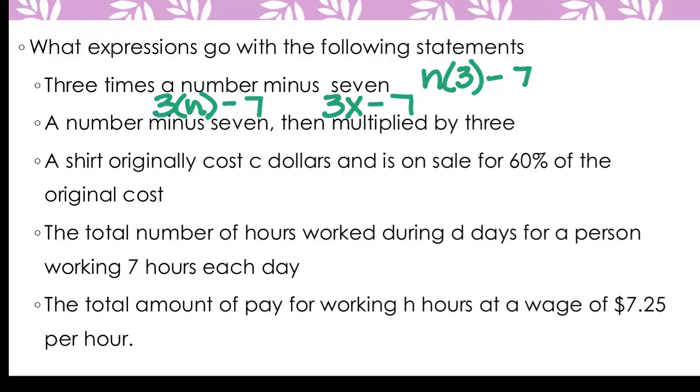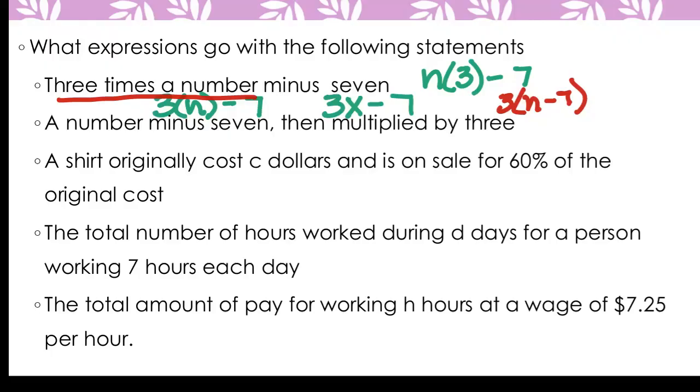So, are all of these correct? Yes. Did anybody happen to do 3 times n minus 7 this way? Okay. So this is not correct because you're taking 3 times a number and then you subtract 7, because when you multiply first and then say minus 7.